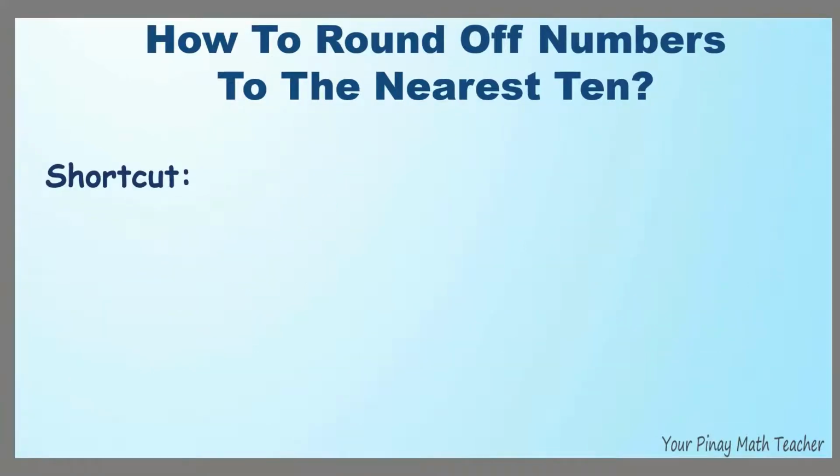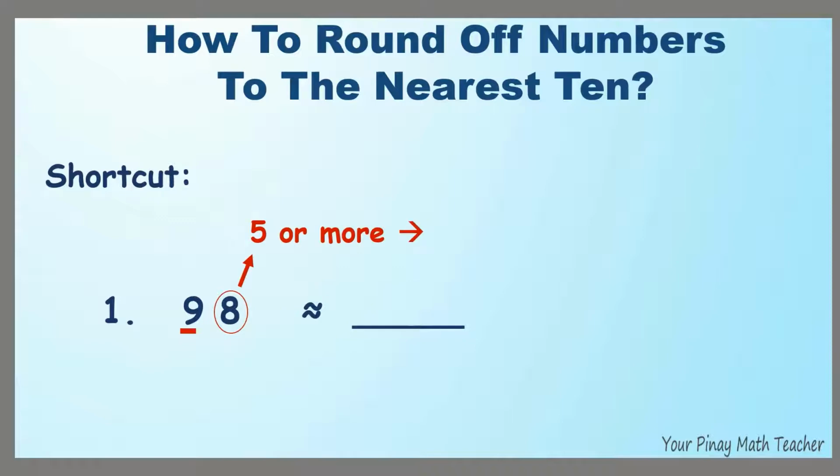What if there is no number line shown? There is a shortcut to round off numbers to the nearest 10. For example, 98. Underline the tens digit and encircle the digit to its right. If the encircled digit is 5 or more, then add 1 to the underlined digit.